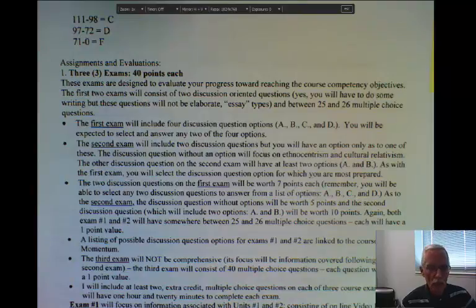The second discussion question will have options, and you'll select the one you feel best qualified to answer. Again, on the first and second exams, you can expect somewhere in the area of around 24, 25 multiple choice questions. The third exam, not comprehensive, will consist only of multiple choice questions.